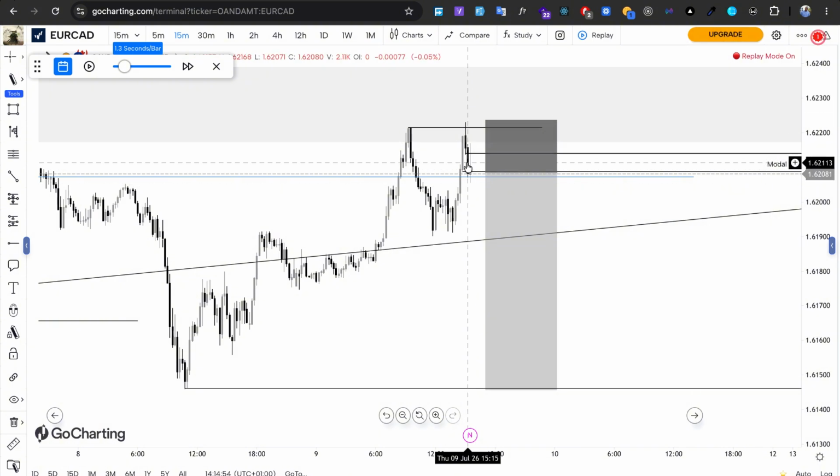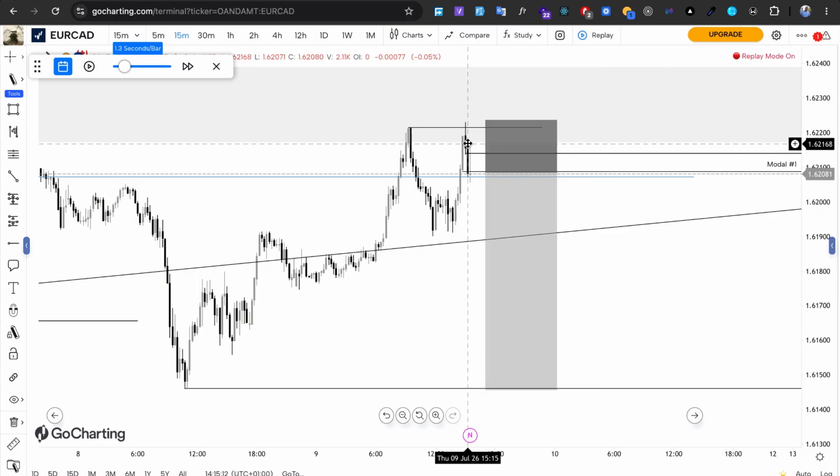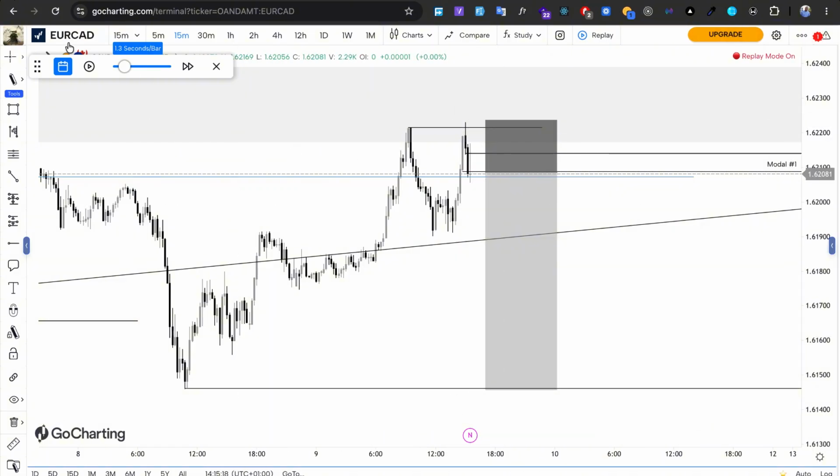And it even touched this particular line that I said some people would have added, where some people would have said their model one is. So I just allowed it to go up. As I saw it coming down, I just manually took the trade. So let's play it.